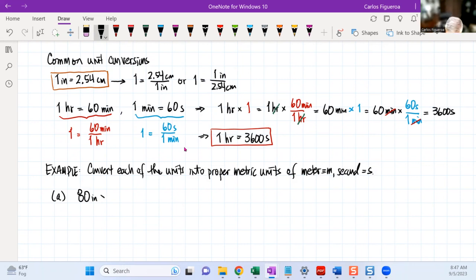The first thing I'm going to do is multiply by 1 and convert inches into centimeters. So I manipulate it so that the inches are in the bottom. This is going to be 2.54 centimeters over 1 inch. Right away, I see that the inches cancel.